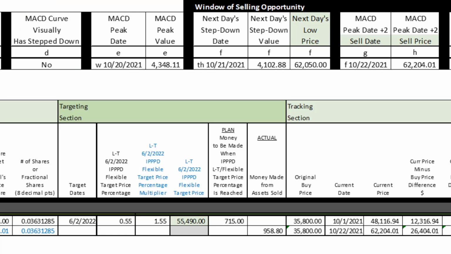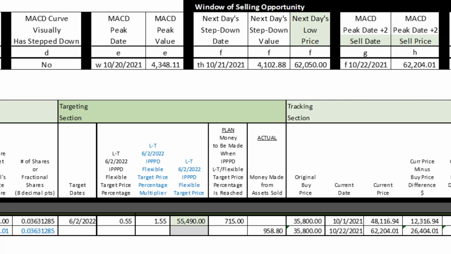E. The MACD curve peaked Wednesday, October 20th, 2 weeks later, at a value of 4,348.11. F. The step down from the MACD peak occurred the day after, Thursday, October 21st, at a value of 4,102.88.